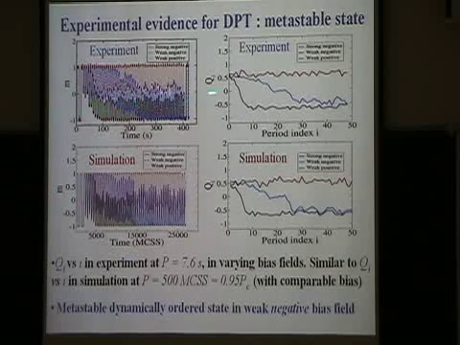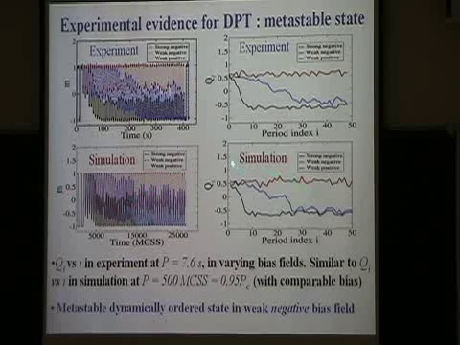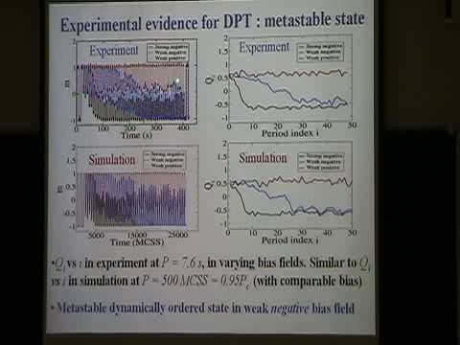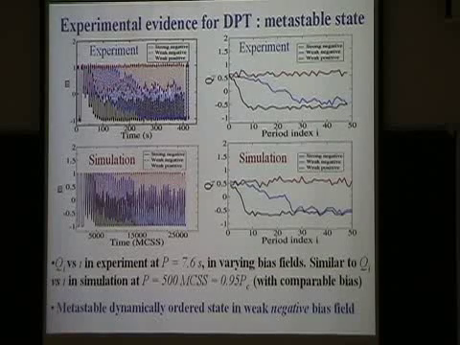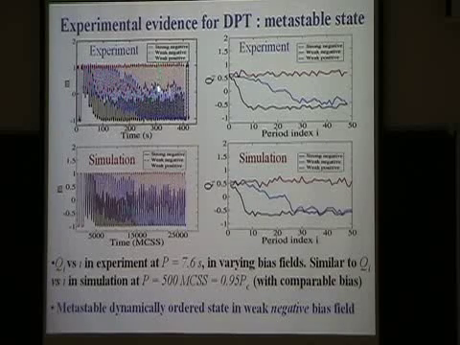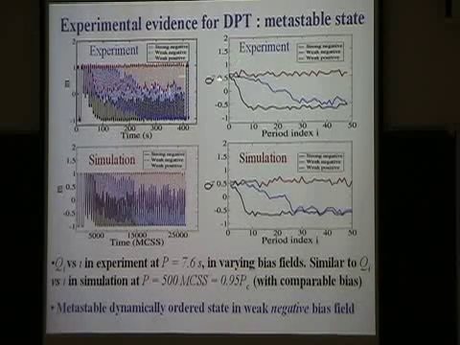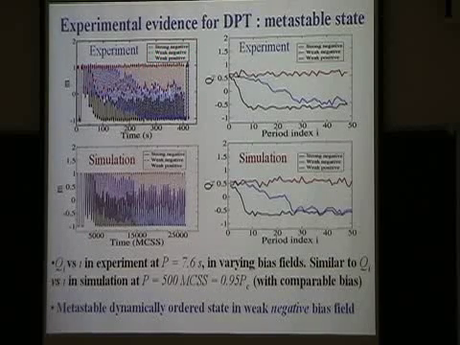On top here I see results for experiment, and on the bottom simulation results. Let's assume that we're slightly below or near criticality. The red line is oscillating near one of the metastable states in a weak positive field, so you would expect it to stay there.